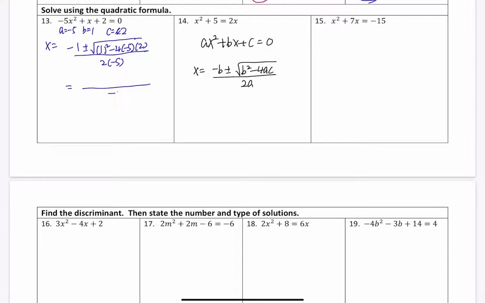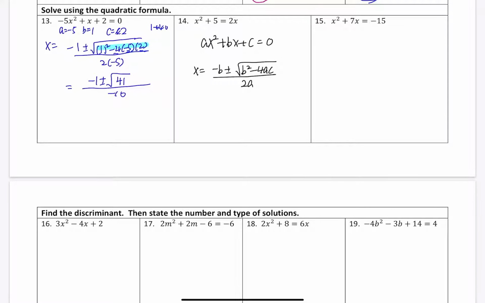So the denominator is negative 10, numerator negative 1 plus or minus square root. You simplify the numbers in the root. 1 squared is 1, and then negative 4 times negative 5 times 2 is 40. So under the root we put 41.